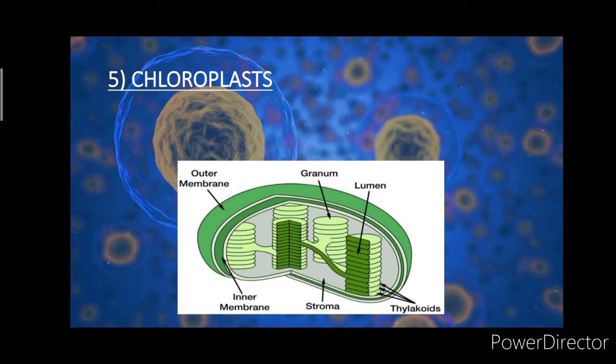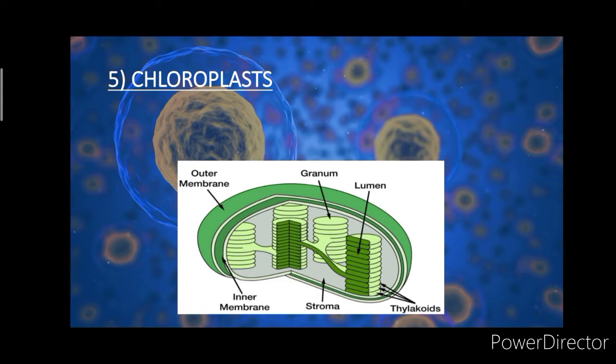We have the inner membrane, and on top of it one more covering called the outer membrane. As with mitochondria, chloroplast also has two coverings. And inside, as you can see, it has stacks.